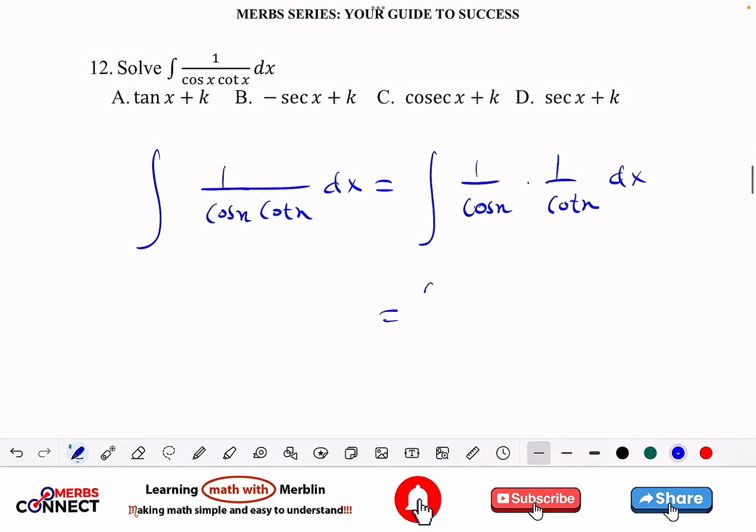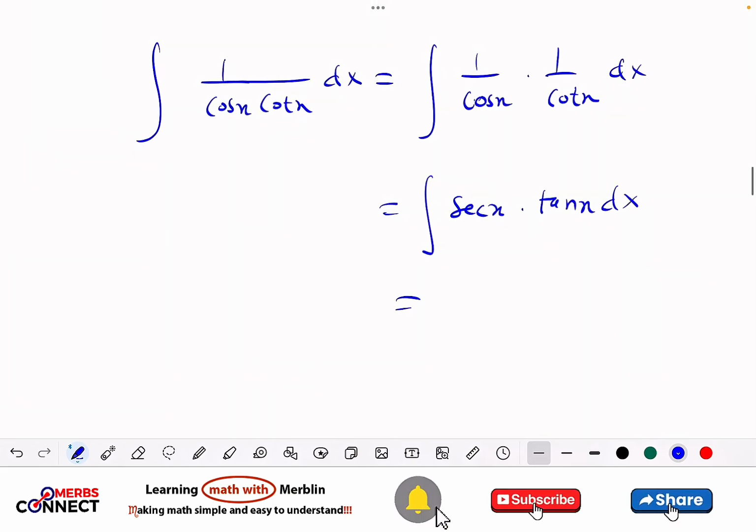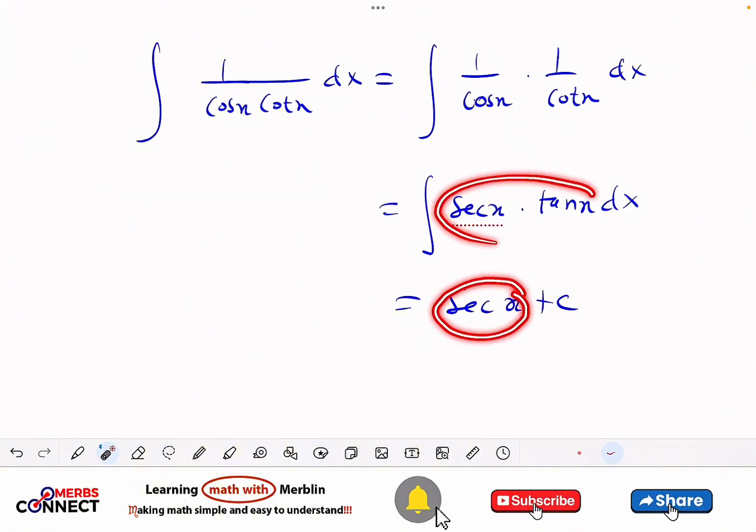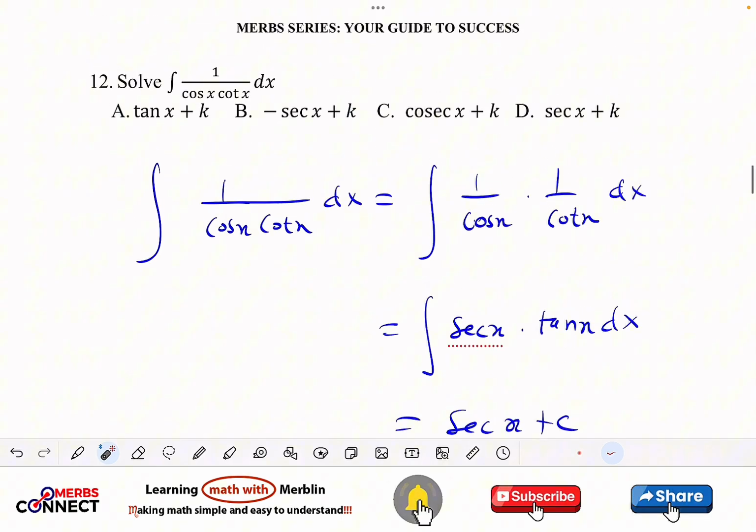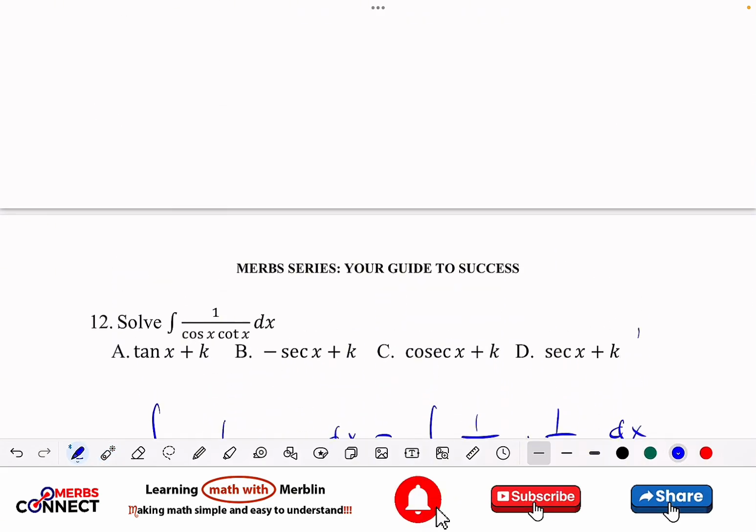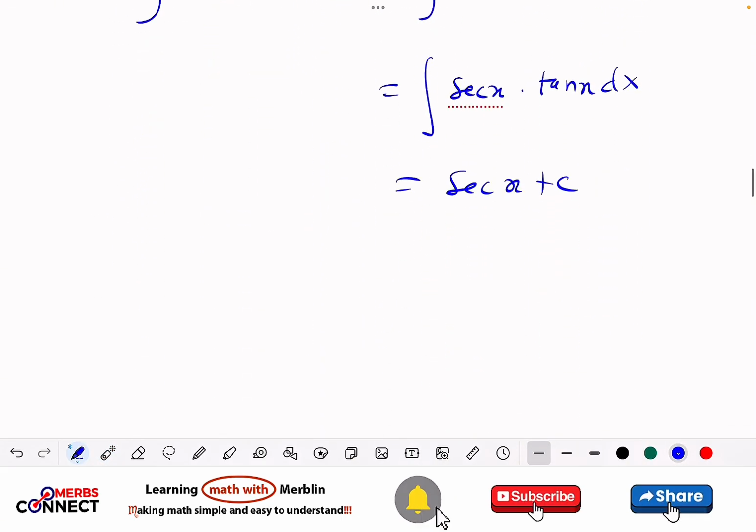Now 1 over cos x is the same as secant x, and 1 over cotangent x is the same as tangent x dx. And then when I integrate this, I'm going to have sec x plus c, because when I differentiate this, I'm going to get this. So plus k, make it k.